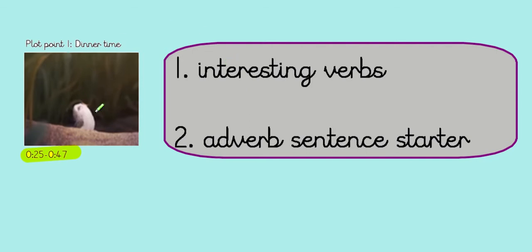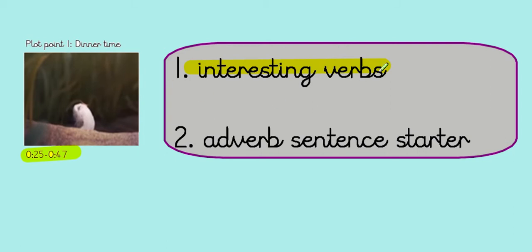And our writing challenges, number 1, we've got interesting verbs. In our first sentence, we're going to be seeing if we can use really interesting action words. So not just go or went. We might have flapped or flew or fluttered, I'm not sure.